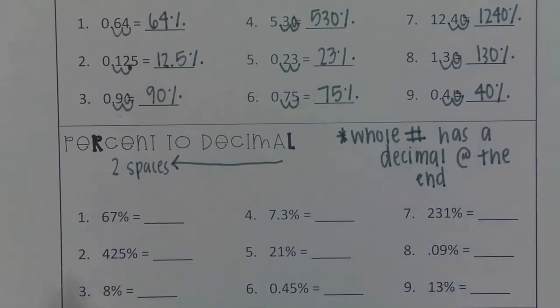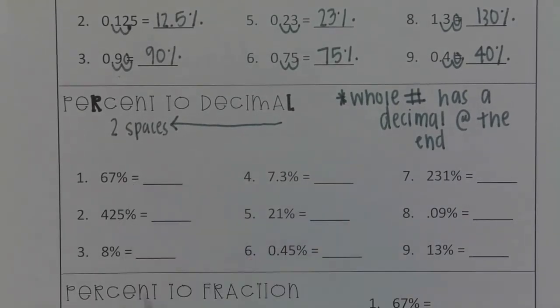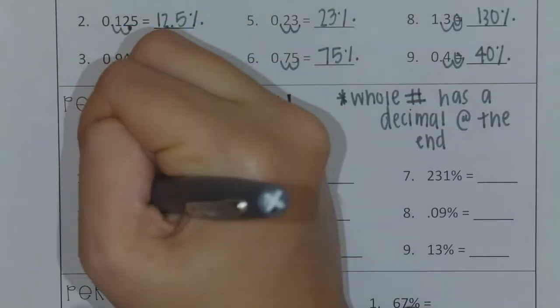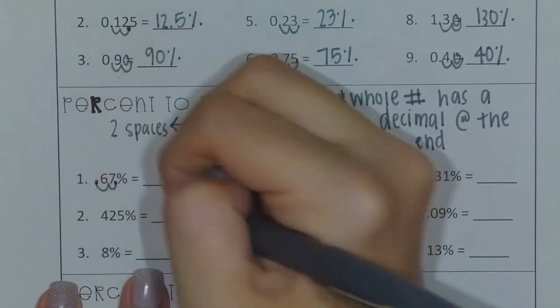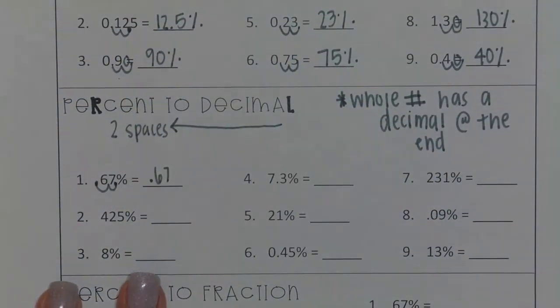Okay, so if I look at 67%, I'm going to move that decimal from the right to the left 2 spaces. 67 is a whole number, so that decimal goes at the end. Move it to the left 2 spaces, 1, 2. And I'm going to drop the percent sign so it becomes 67 hundredths.